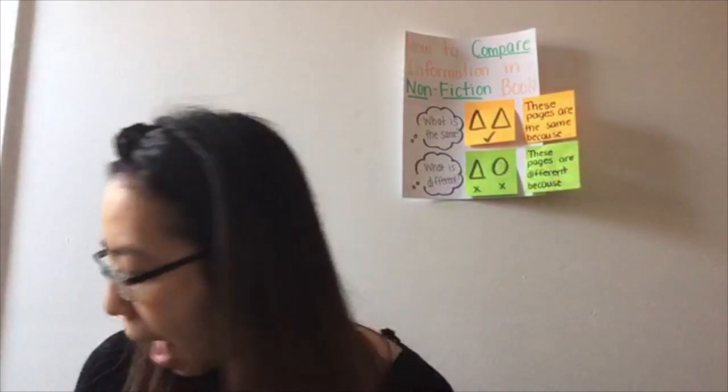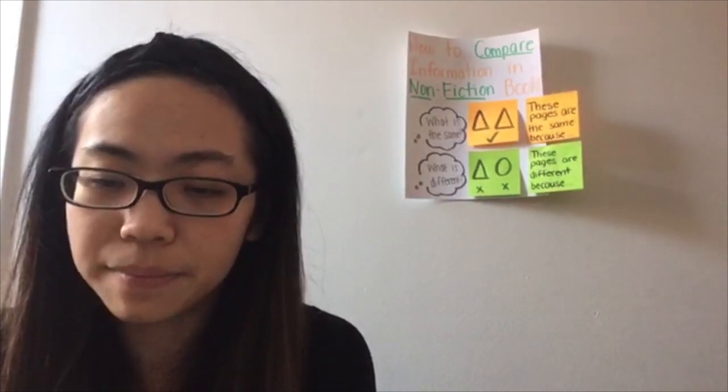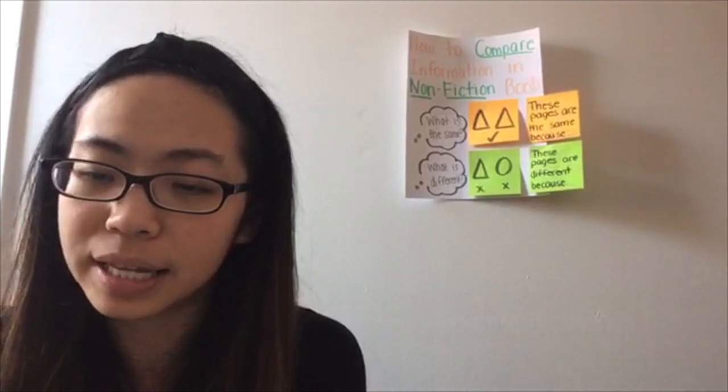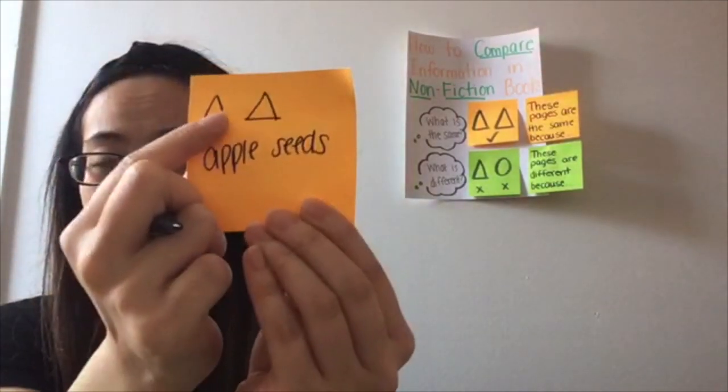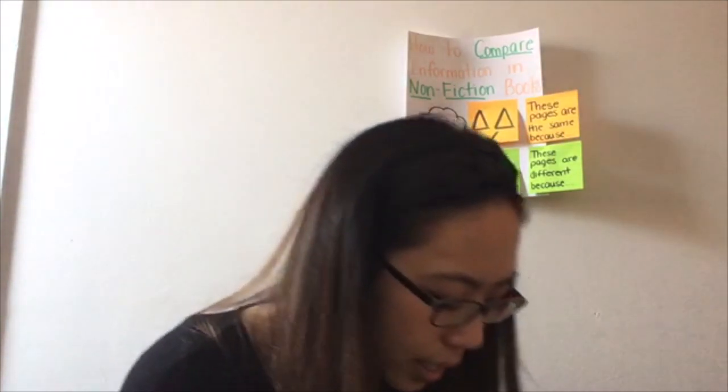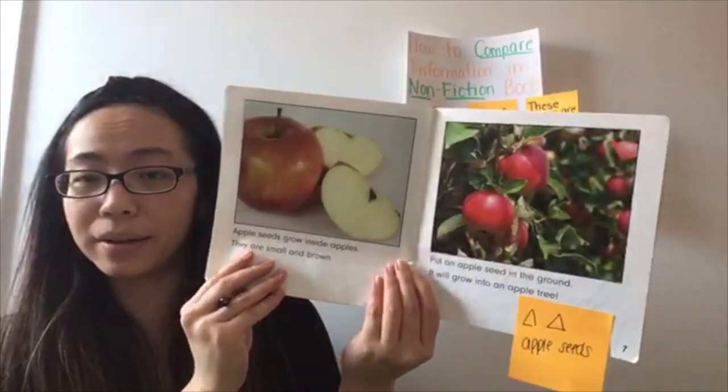So I'm going to put that in a post-it. I can put on my post-it that these pages are the same because they're talking about apple seeds. There I have two triangles to show that they're the same, and I wrote apple seeds because that's what both these pages are talking about.